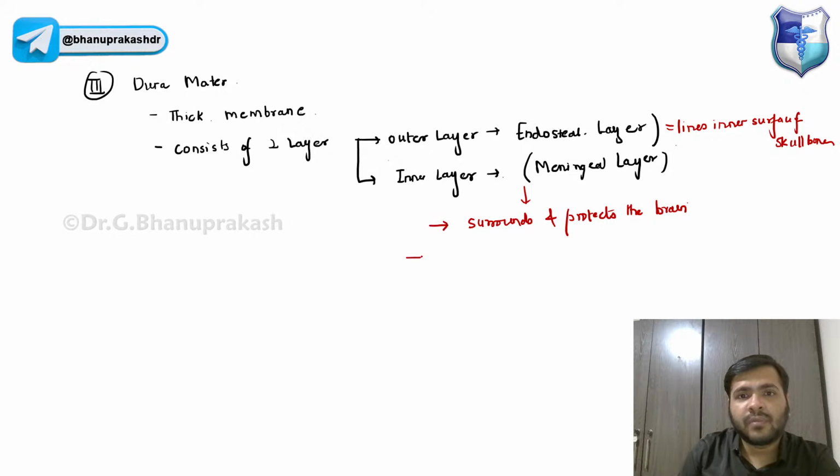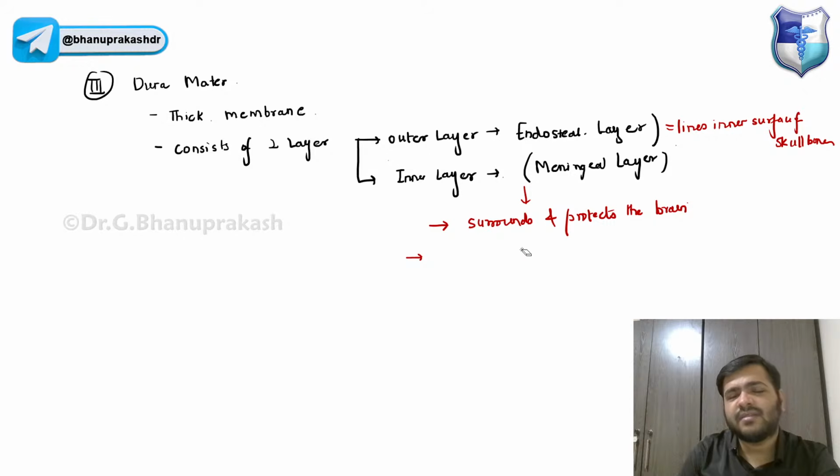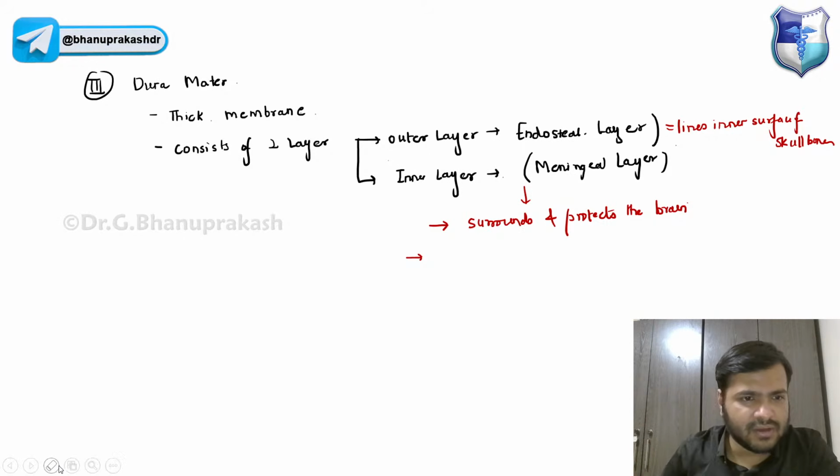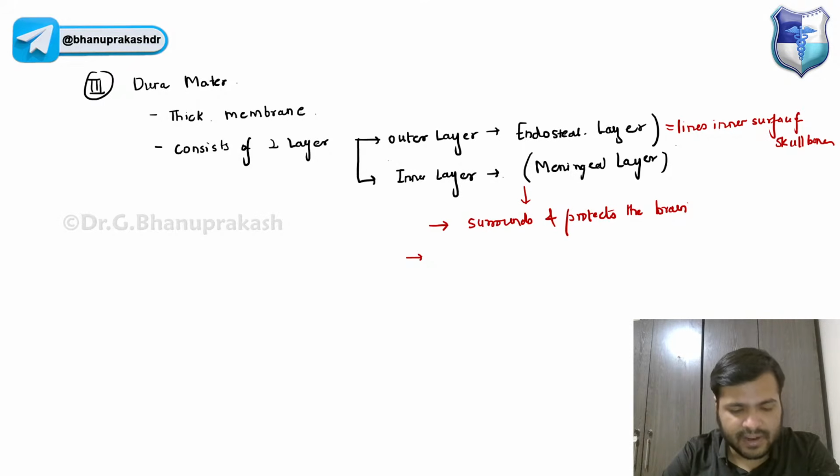Now, it sends tubular extensions around the cranial nerves, so that is for protection, right?